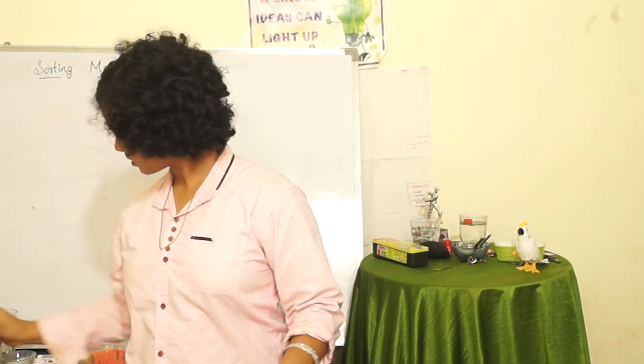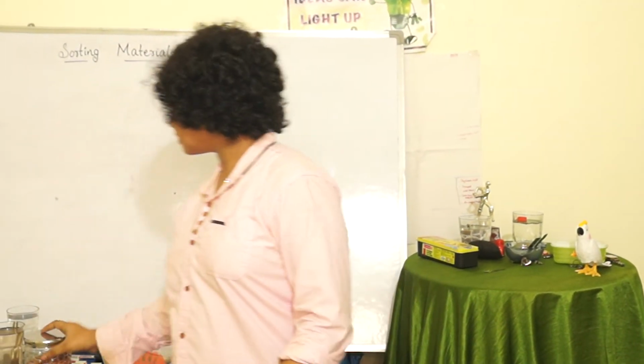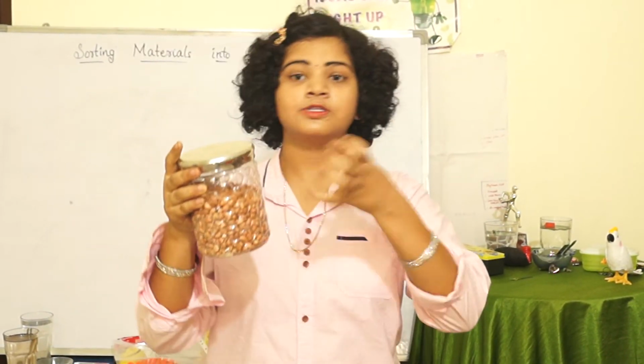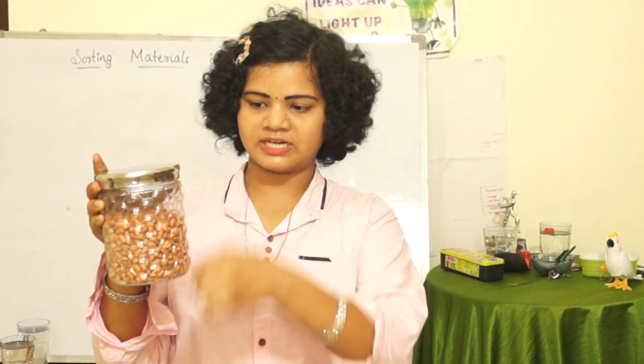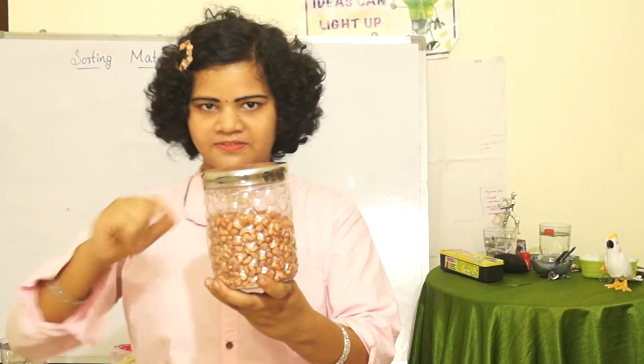Now, daily, when you go to the grocery shop, or as all the women in their houses, they keep some spices in boxes which are transparent, right? Go to the kitchen and watch, my dear friends.